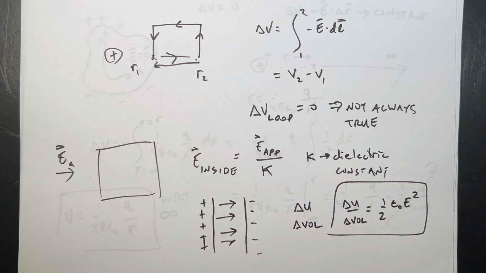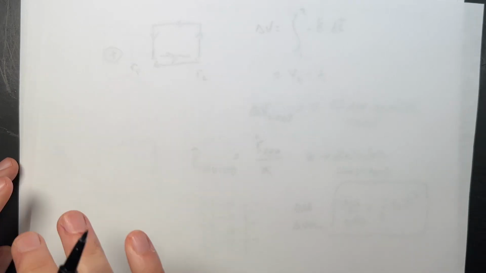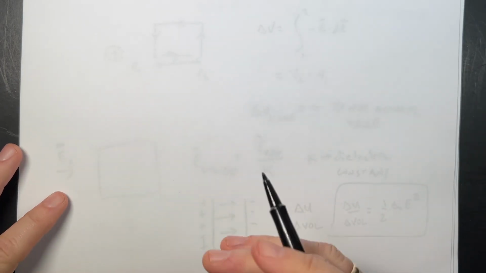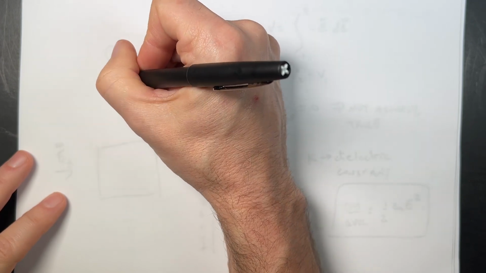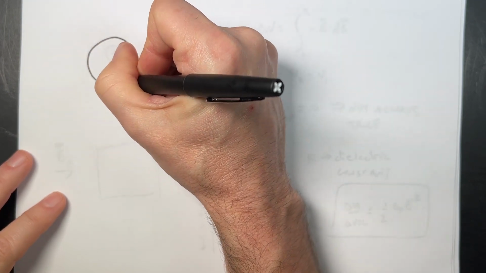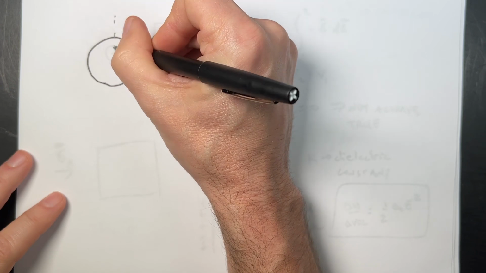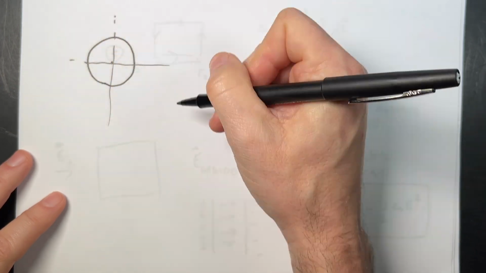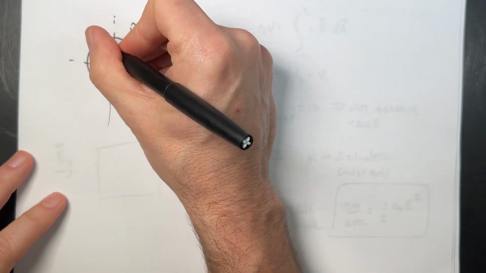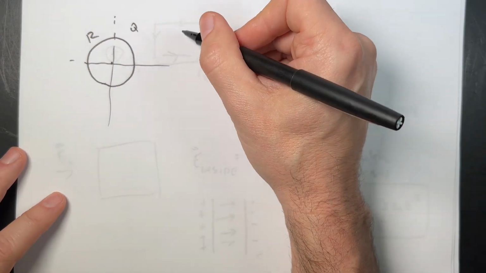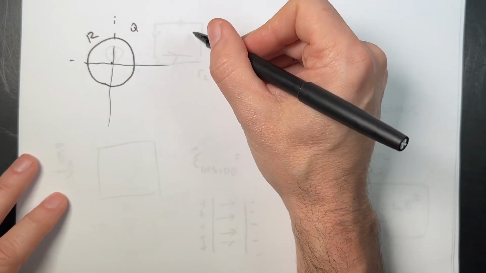Okay, I do want to say one more thing. Suppose I have a ring. We did this before. So here's a ring of charge in the XY plane. It has a radius R and a charge Q. And I want to find the electric potential on the Z axis like I did before.